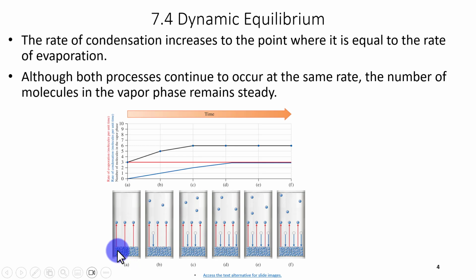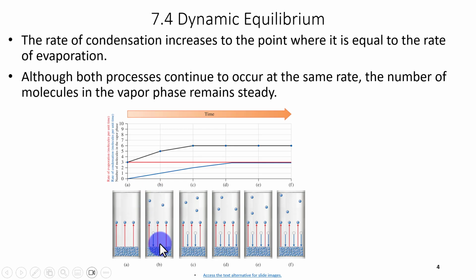What's going to happen is that some of those molecules are going to have enough kinetic energy to overcome the attractions from other particles in the liquid, and they're going to escape into the gaseous phase. So I start to get a little buildup of gas molecules above that liquid. So I get an increase of vapor pressure slowly.